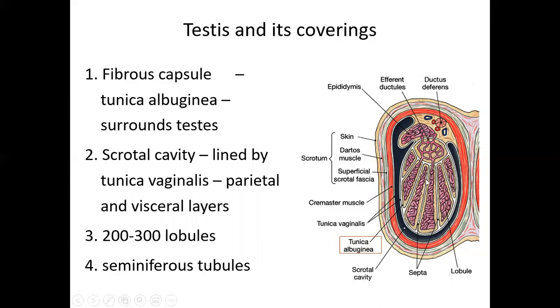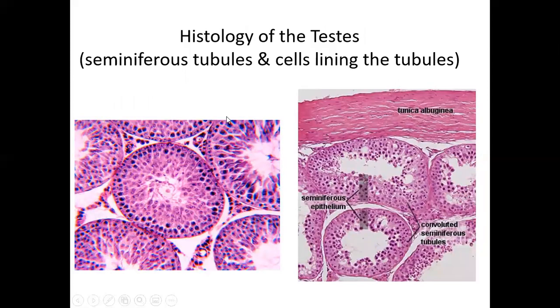So if you see here, we have the lobules, divided by the fibrous septum. And then inside the lobule, we have the seminiferous tubule. Whenever you cut this testis, you can see this kind of appearance.